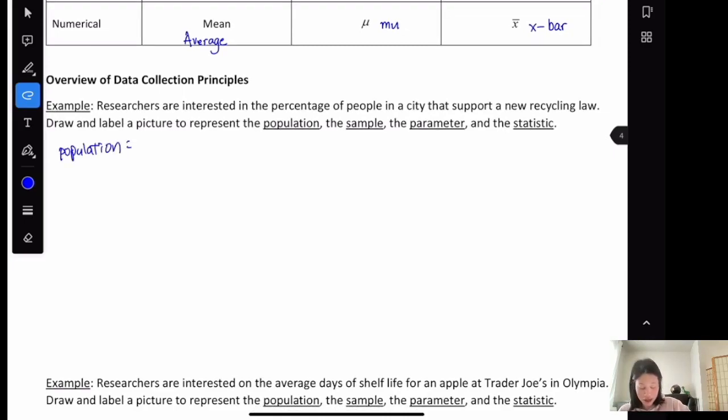So a population is a group of a phenomenon that have something in common.